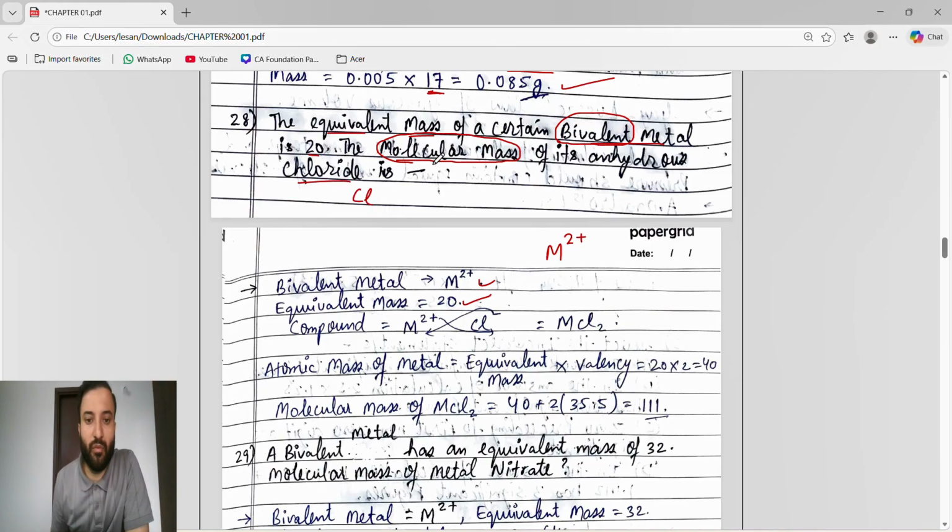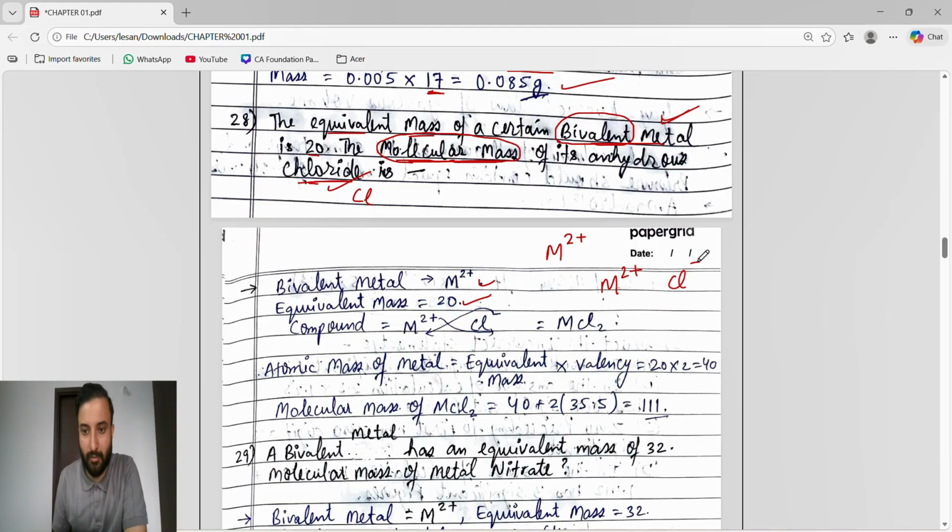First of all, molecular mass means we have to form the compound. We have a bivalent metal and its anhydrous chloride. Bivalent means 2 valency, and metal will always be positive because it has a tendency to lose electrons.